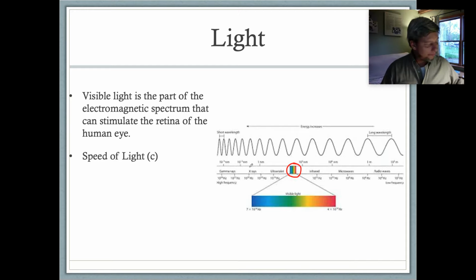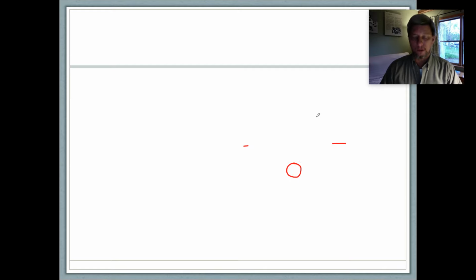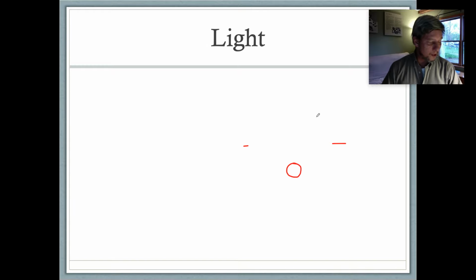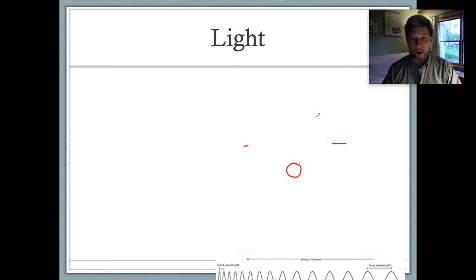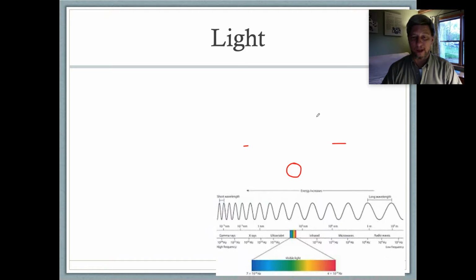Notice that here, from left to right, the wavelength is getting bigger, right? We start out with a little wavelength here and a big wavelength here. And what that means is that because the speed of light is constant, the speed of any wave in any medium is constant, the frequency is actually getting smaller as we go from left to right.